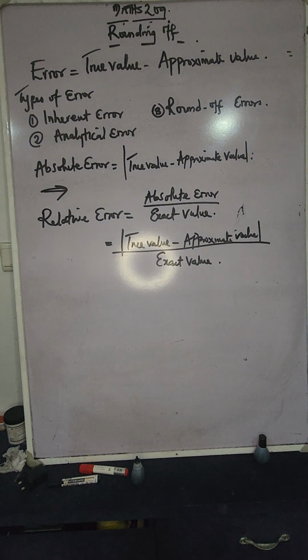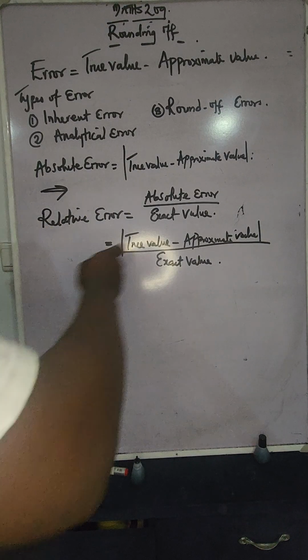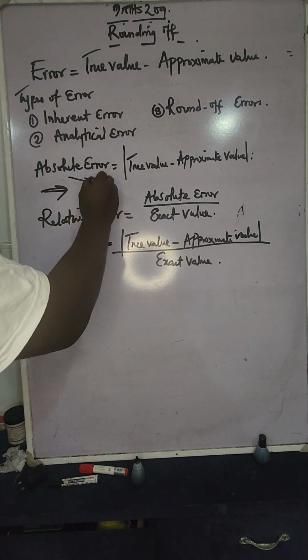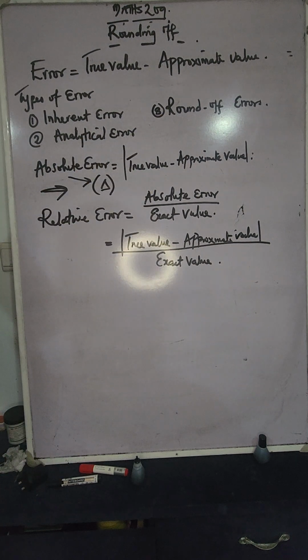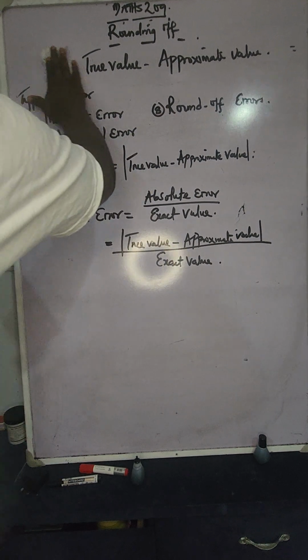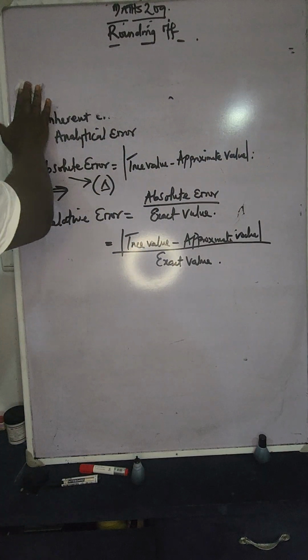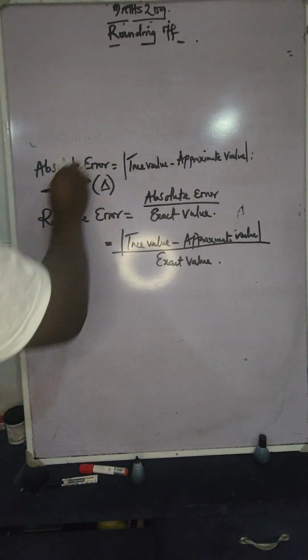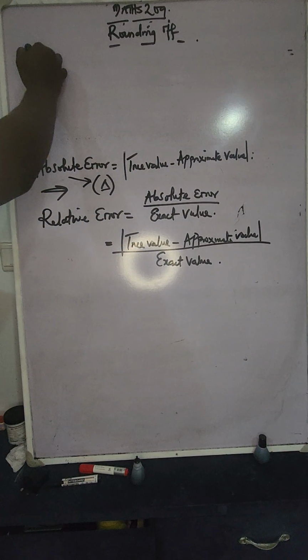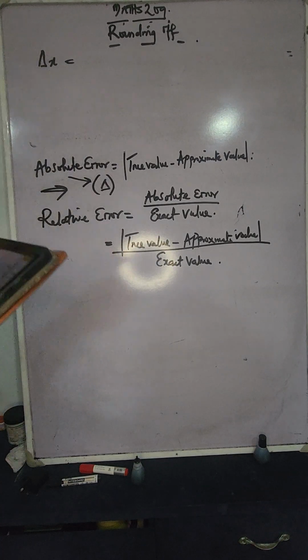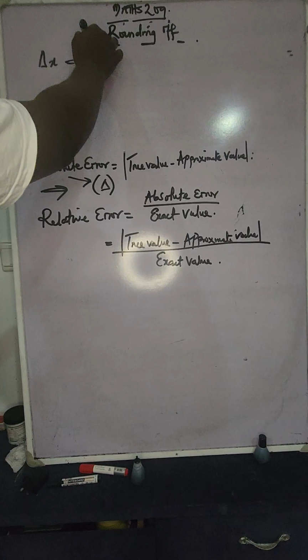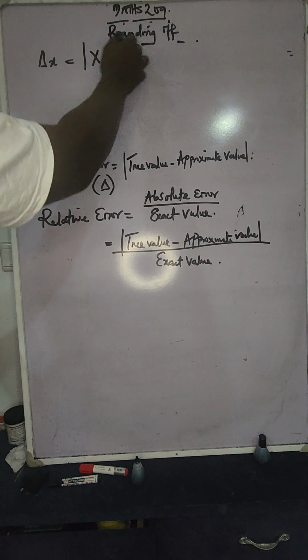Now, the word absolute, like I earlier said, is the non-negative part of a function, which you can also write with the symbol triangle. So if I say the triangle of x, what I simply mean there is the absolute value in x, which means the exact value of x minus the approximate of x.